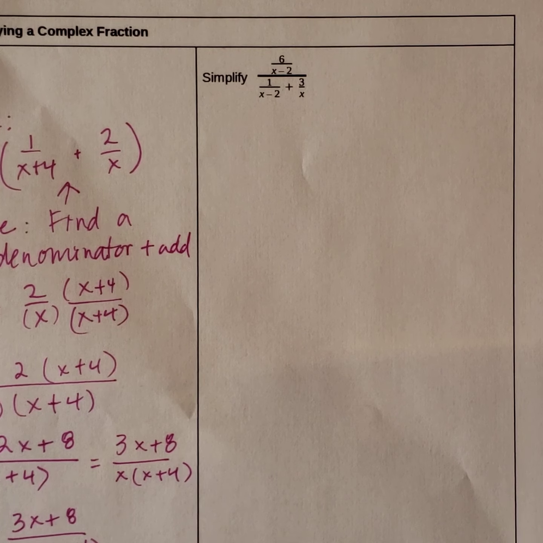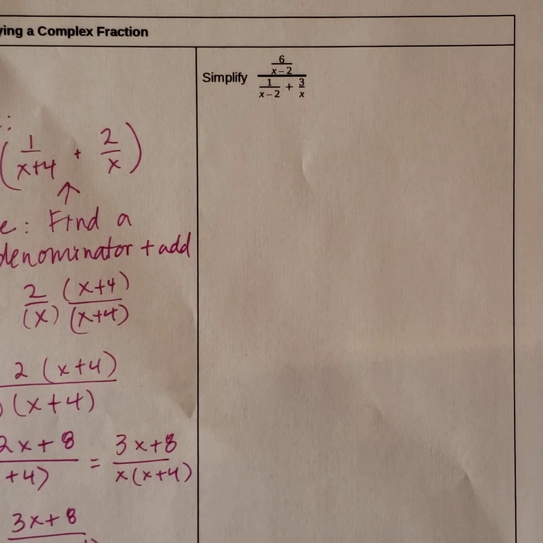So now let's put this together. Again, we have x times 1, which gives us x. And then we have 3 times x minus 2. This is all over x times x minus 2. I'm going to distribute the 3.